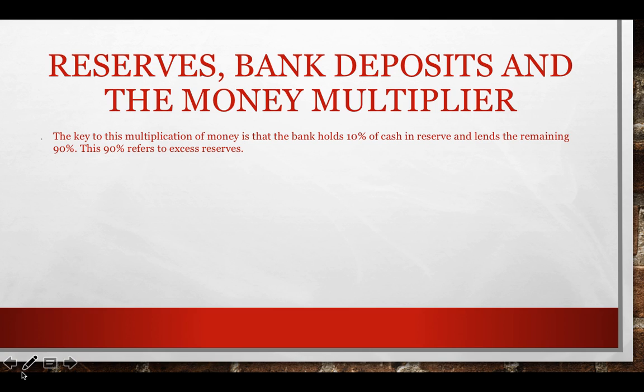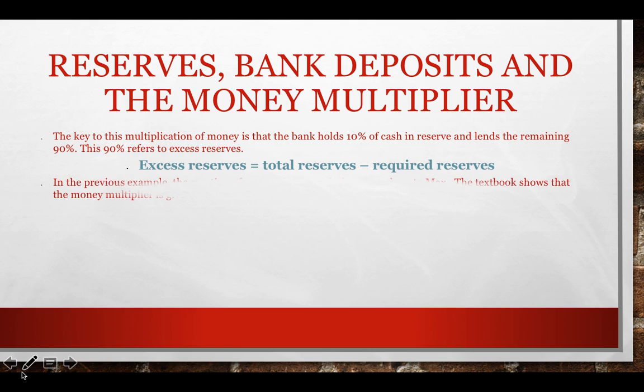We'll talk about some limitations, but we're going to make the assumption that all of the excess money is lent out and all of the money is put back into the bank. This 90% is known as excess reserves. So excess reserves equals total reserves minus required reserves, okay? We'll talk more about this, and you'll see what those are as we go through examples.